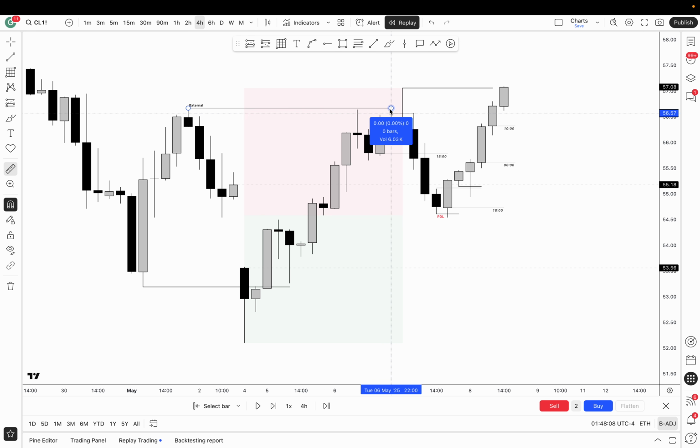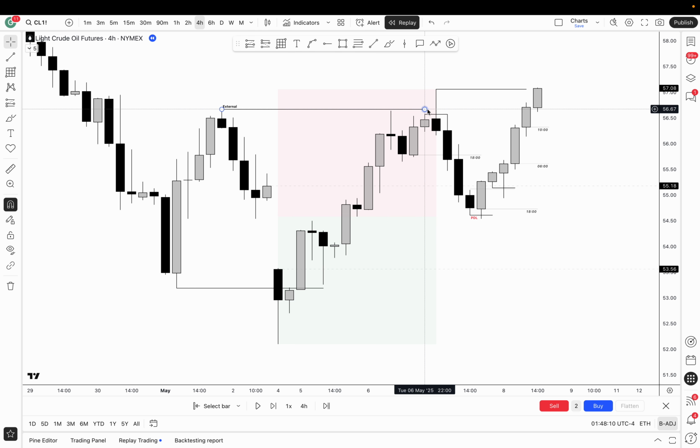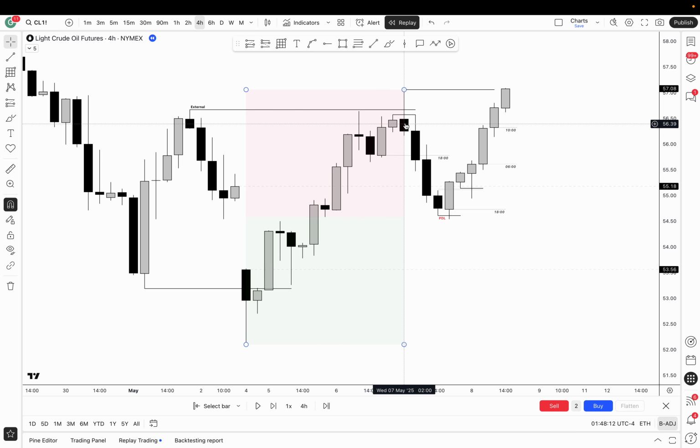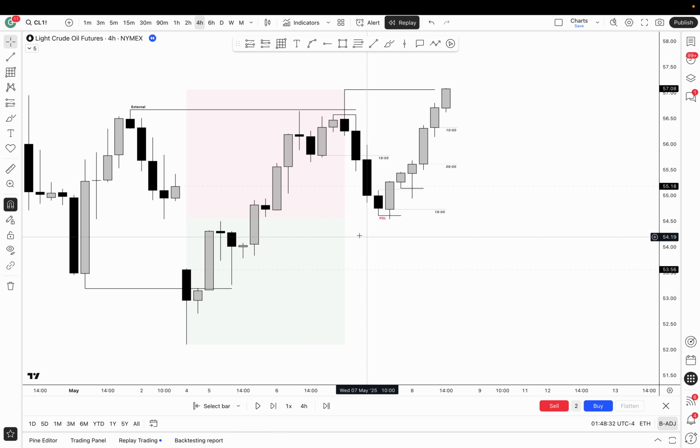Then we print a reversal signature here because we have that C2 candle at a relevant time, which is London. So this is when we can anticipate 6 a.m. and 10 a.m. to continue and target EQ of the range. Basically it's New York or London reversal, New York continuation, and that's what this day did. It just rebalanced EQ.